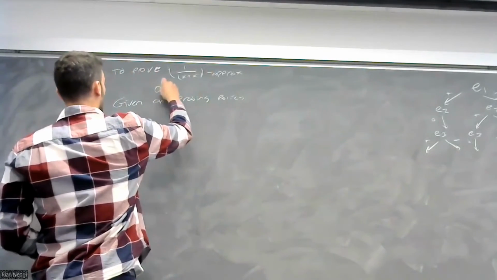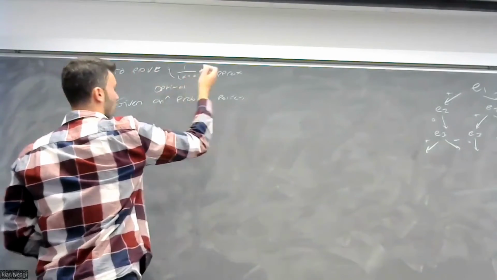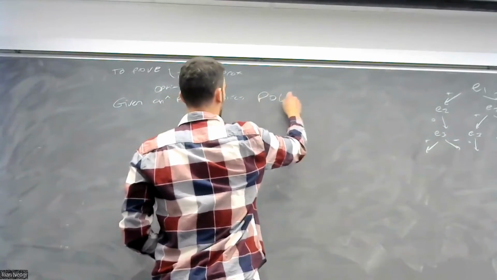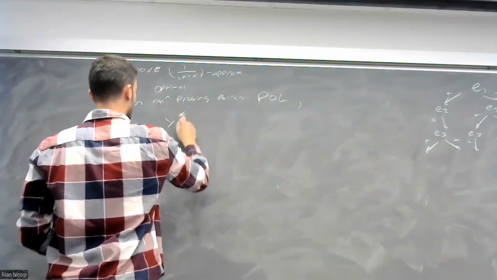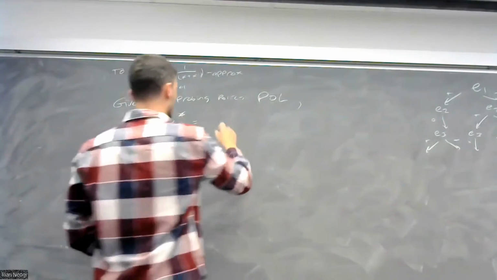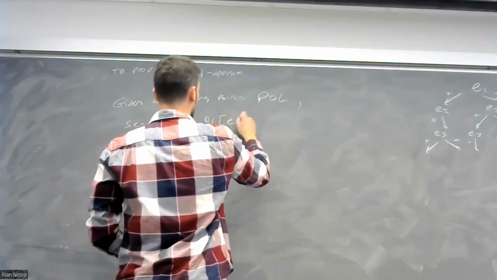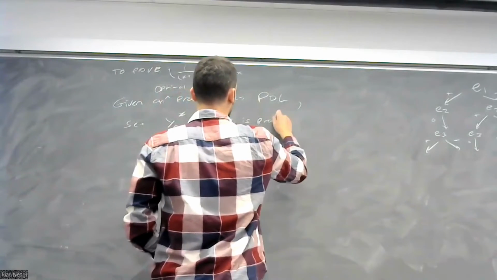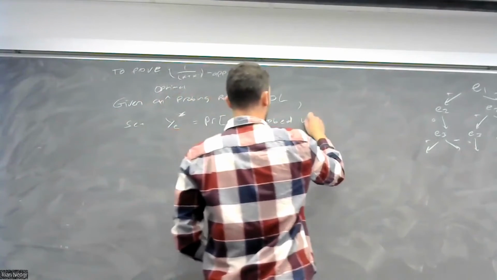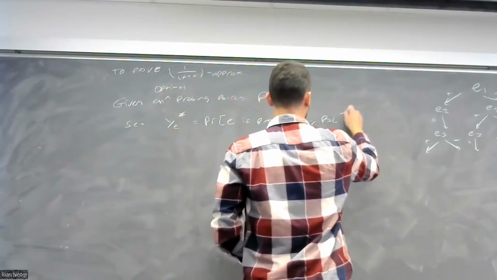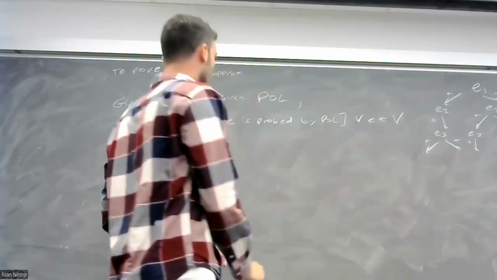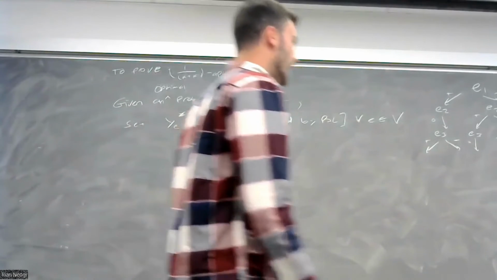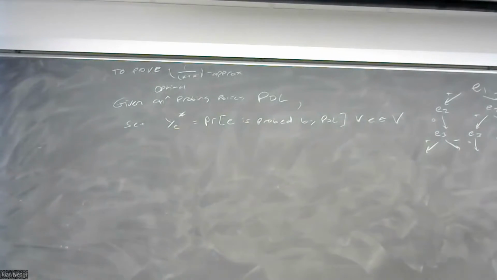Given an optimal probing policy POL, we're going to set y star e to be equal to the probability that e is probed by the policy, for all e. And for sure it's non-negative.